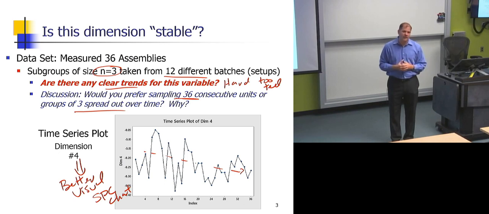In problem solving, yeah, 30 or 40 is fine, but if I had my choice, I don't just want to say 30, I want those 30 spread out. And I want to have some that are consecutive and then some elapsed time to give myself a better chance of seeing both the overall variation of the process as well as any inherent or within subgroup variation.